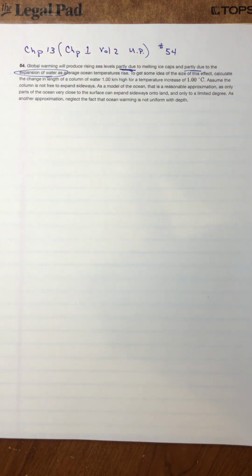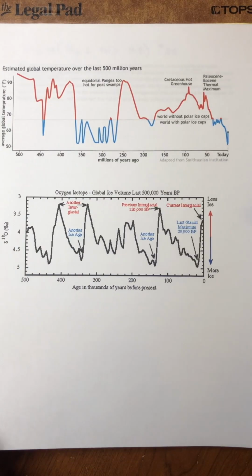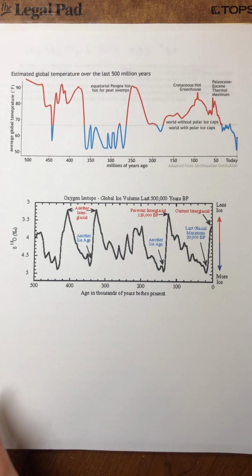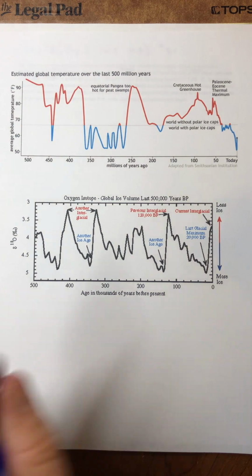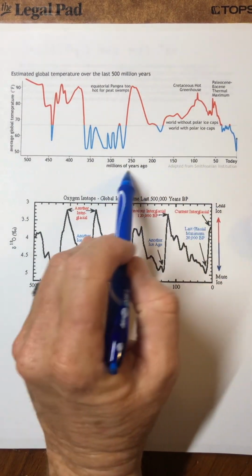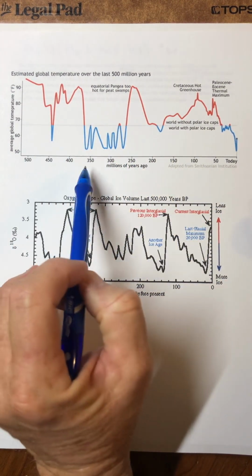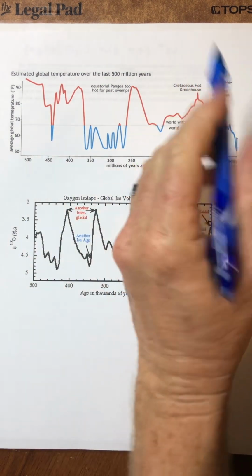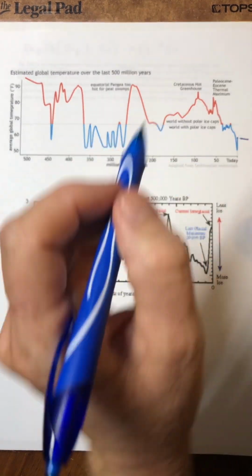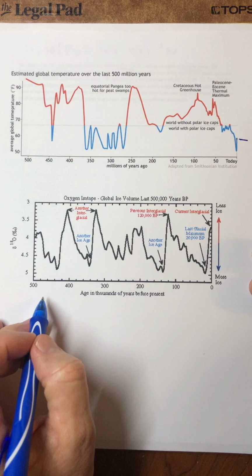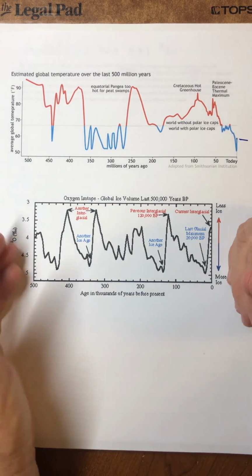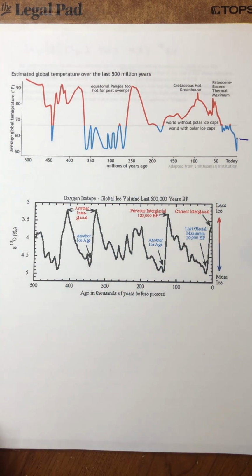In fact, I decided to start this problem by printing up the graphs, because this graph shows the Earth's temperature for the last 500 million years. And so we're right here. Here's the last 500,000 years, so this is in thousands of years, and this is in millions of years.